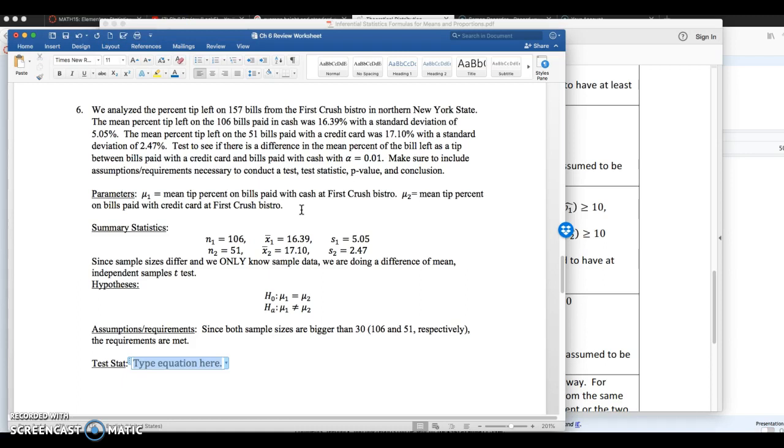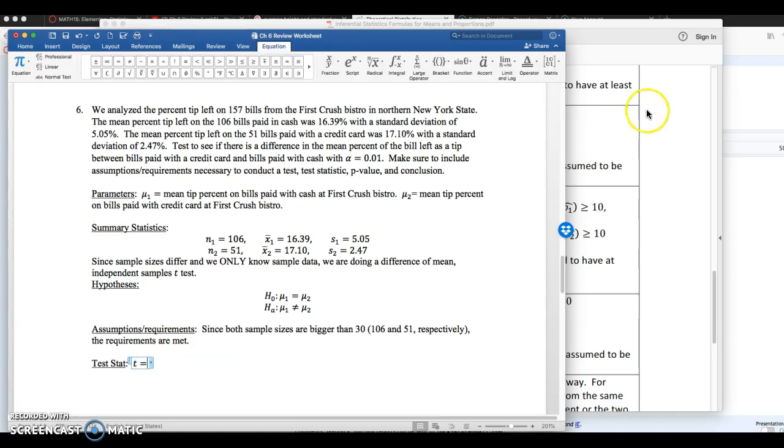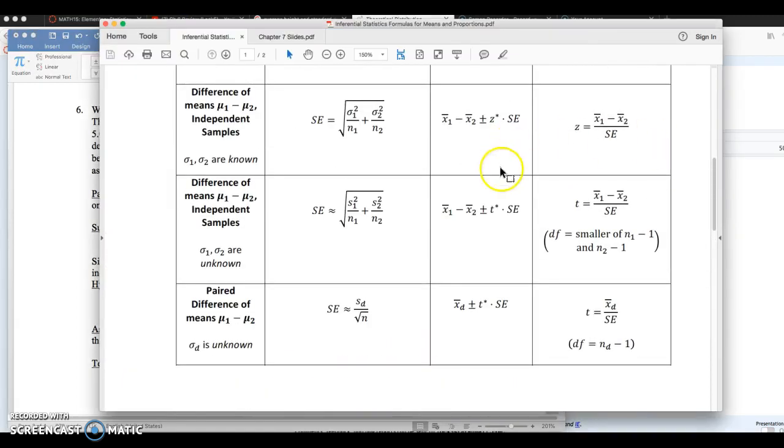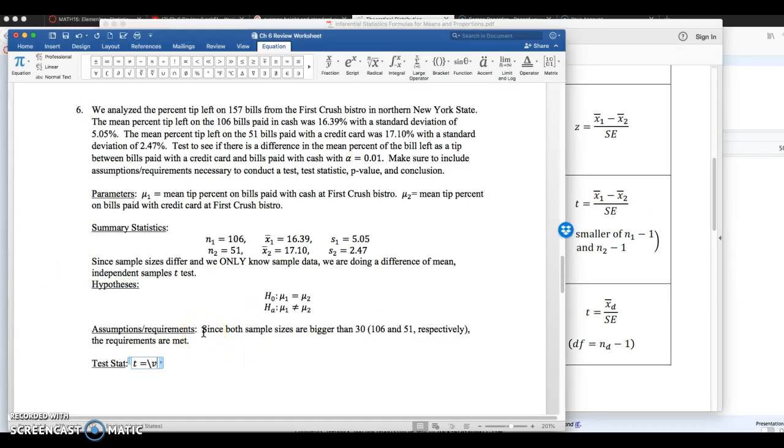For that, we're looking at the t distribution. If I go back up here, t is x bar 1 minus x bar 2 over the standard error.